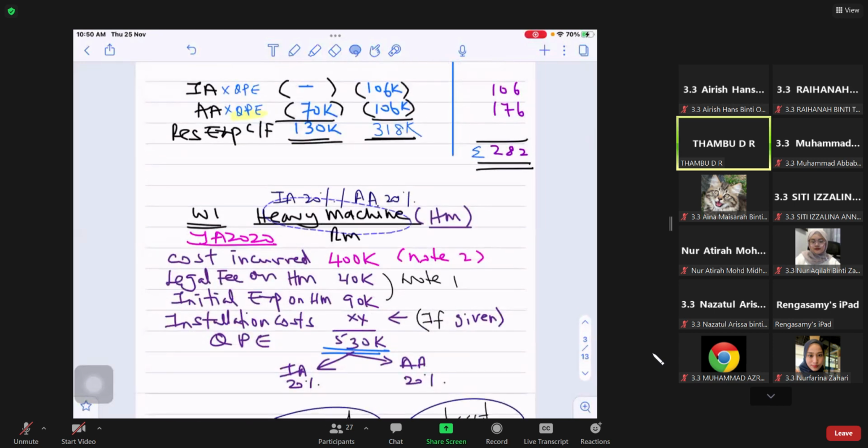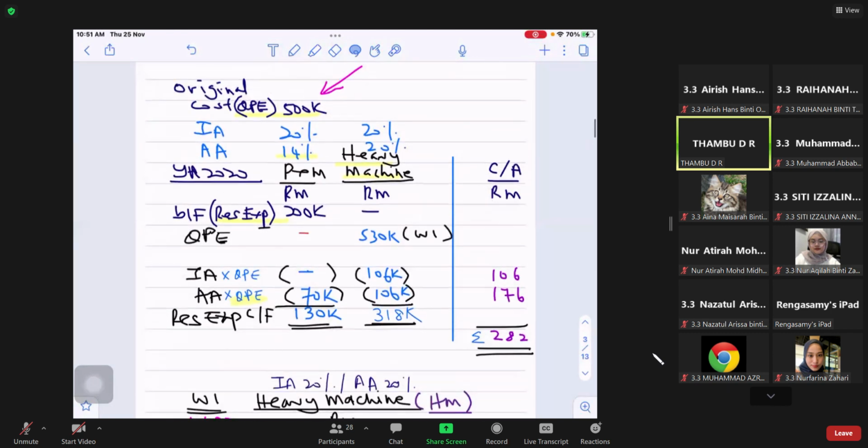Heavy machine, cost incurred 400 from note 2. Legal fee on heavy machine you add here. Initial expenditure you add here. If there is any installation cost, also add, but we don't have it here. So that's the figure I claim. IA and AA in the same year. From year 2, I claim only AA.